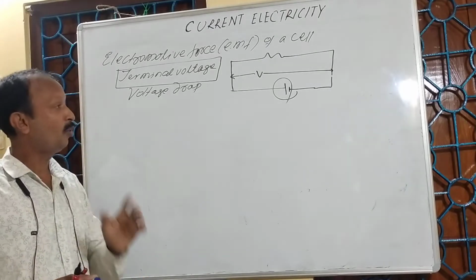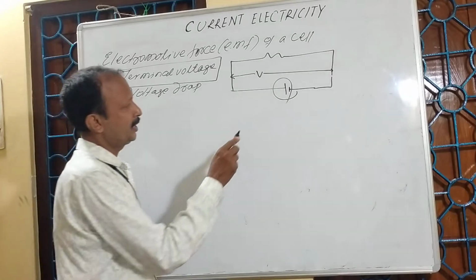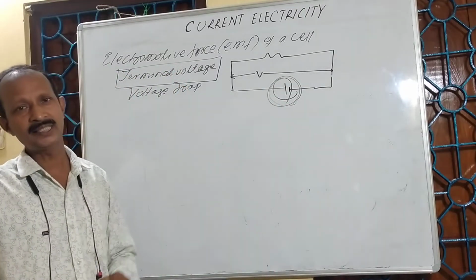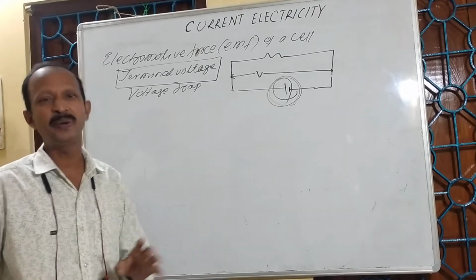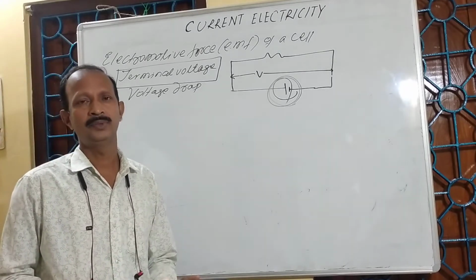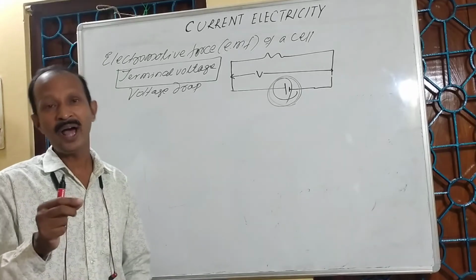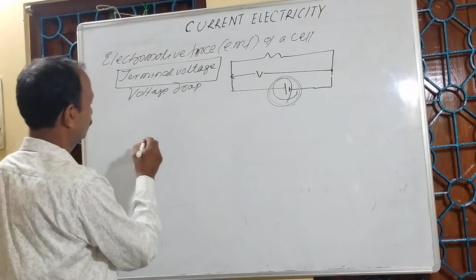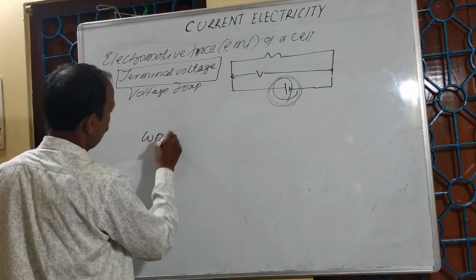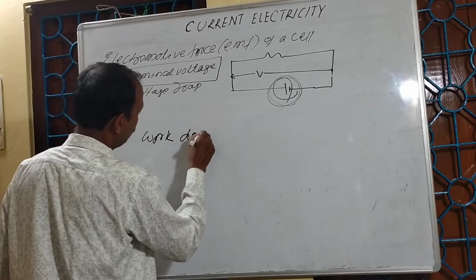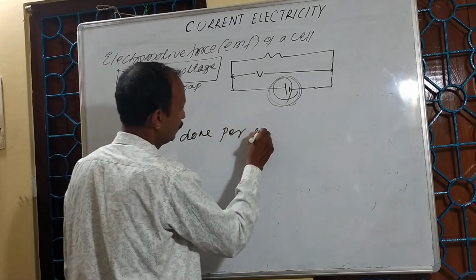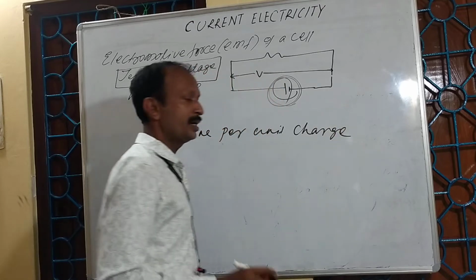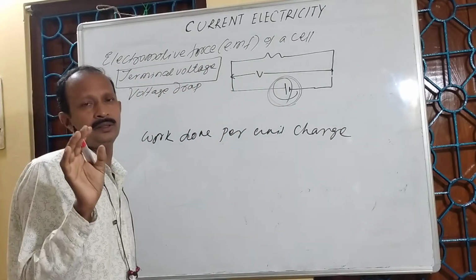So what is that voltage drop? The thing is that when charged particles move inside the cell, some energy is spent, no doubt at all. Or you can say that work done per unit charge, or you can say energy spent.